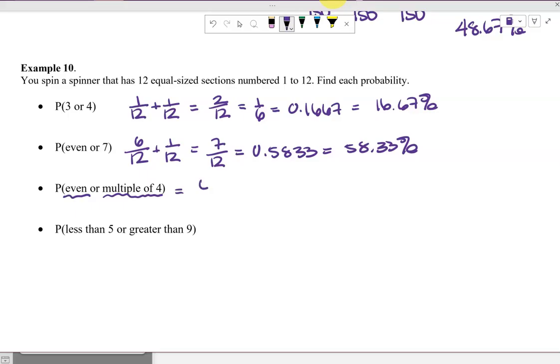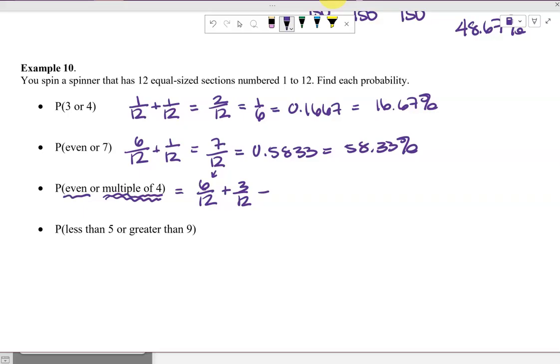Okay, the probability that you have an even or a multiple of 4. So how many evens are there? There's 6 out of 12. Or a multiple of 4. Well, a multiple of 4 is a 4 and an 8. But aren't those already accounted for in here? So you don't need to do anything. If we did do something, we'd have to add on how many multiples of 4 there were, and that's a 4 and an 8 and a 12, so 3 out of 12, but then we would have to subtract any overlap.